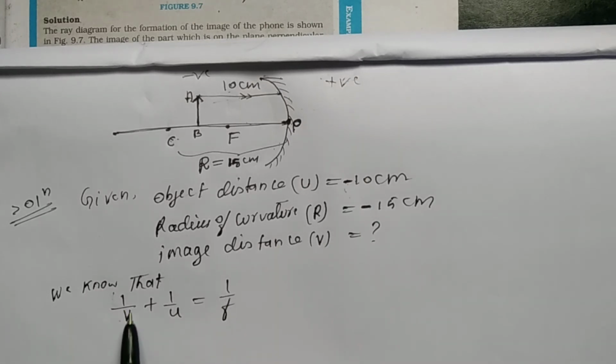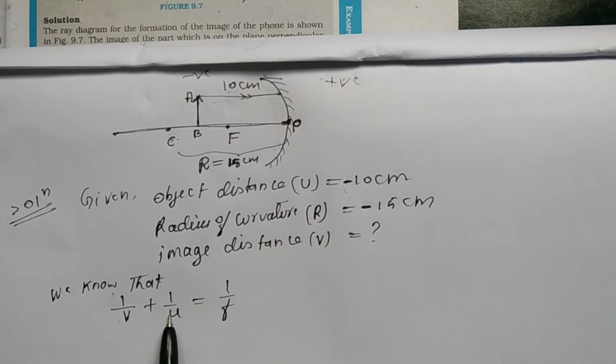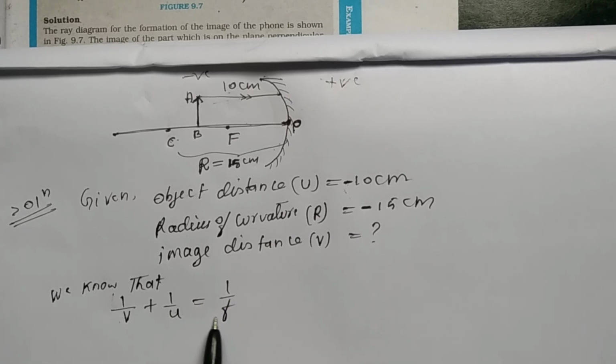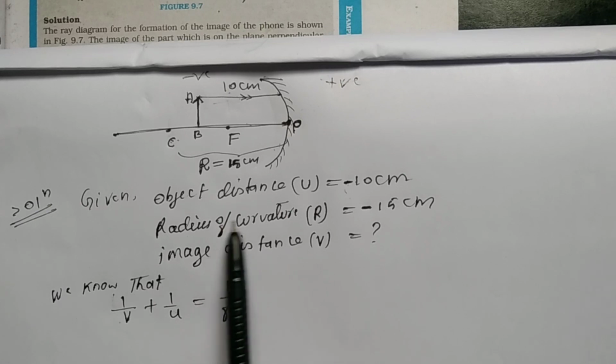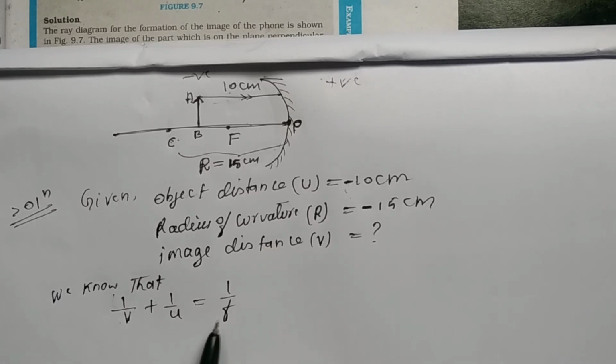To find v we should know u and f. So we use the relation between radius of curvature and focal length to find the value of f.